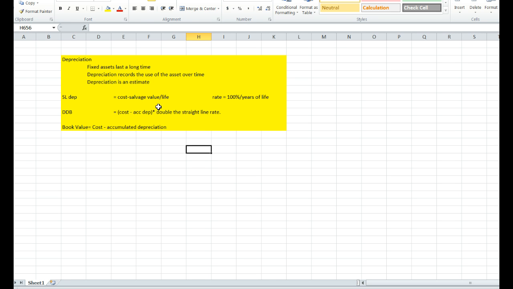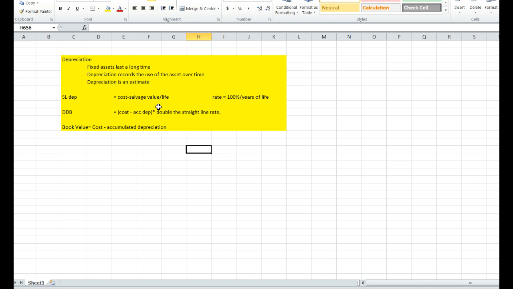Another method we're going to look at is double declining balance. In double declining balance, we look at the cost minus the accumulated depreciation times double the straight line rate. So if we had, say, a truck worth $10,000 and it's going to last 5 years, 5 into 100% would be 20%.